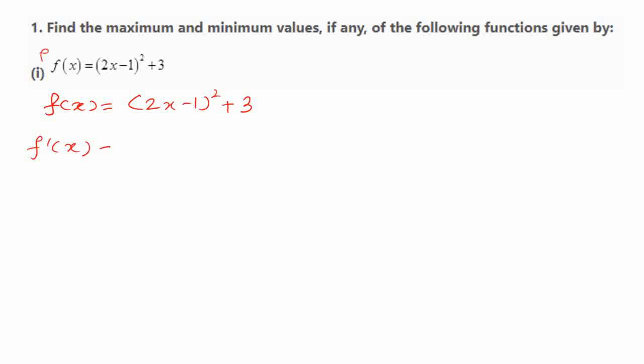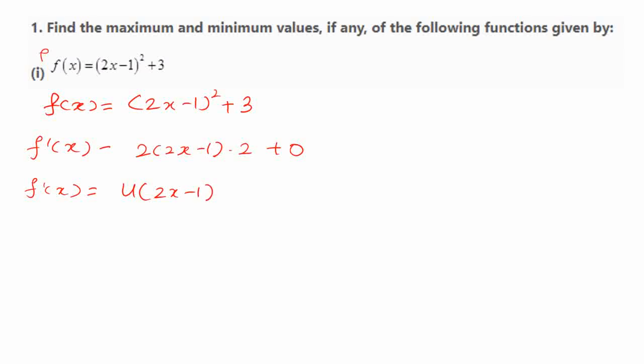So that will be 2 times (2x minus 1), then derivative of 2x minus 1 will be 2, plus derivative of 3 will be 0. So f dash of x we got here is 4 times (2x minus 1), isn't it?